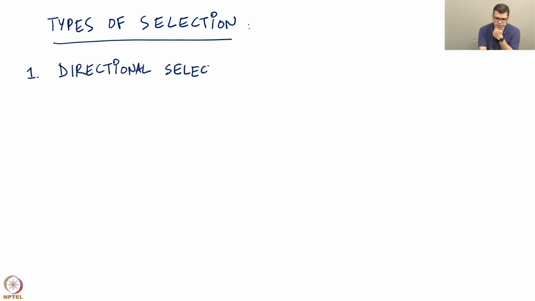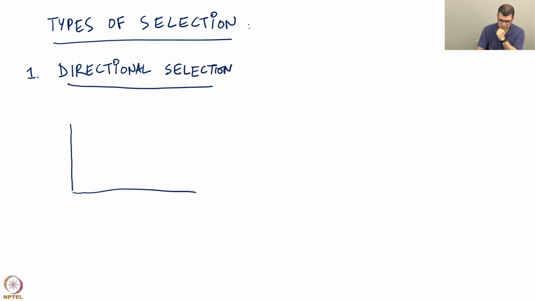The first is called directional selection, and in this one, what is happening is that if I am looking at a trait X on which selection is acting, and this is percentage population, the initial distribution of this trait in the population is looking like this.